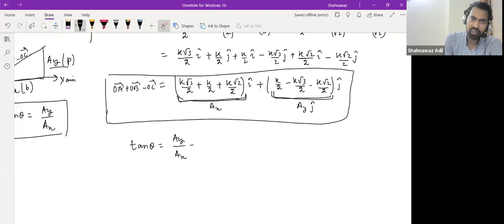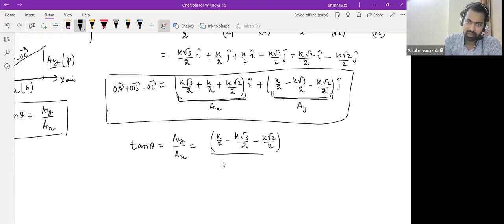So ay is how much? ay is k by 2 minus k root 3 by 2 minus k root 2 by 2, right? This is my ay, and ax is how much? k root 3 by 2 plus k by 2 plus k root 2 by 2. So this is my ax.